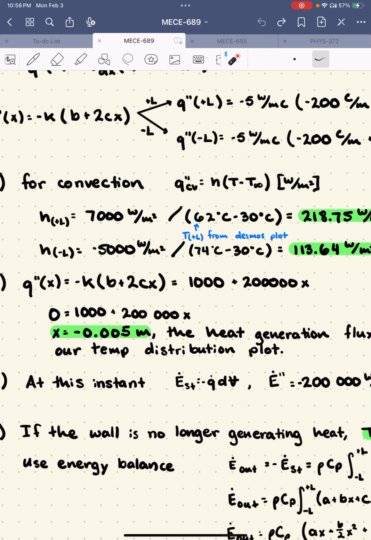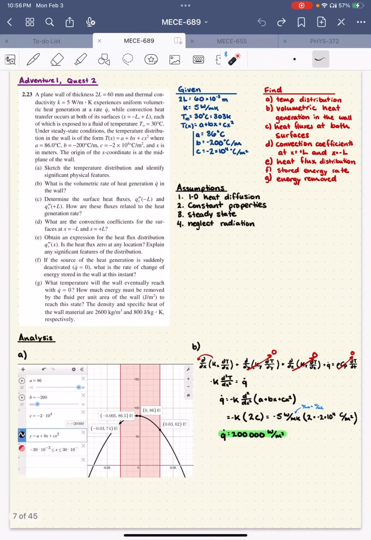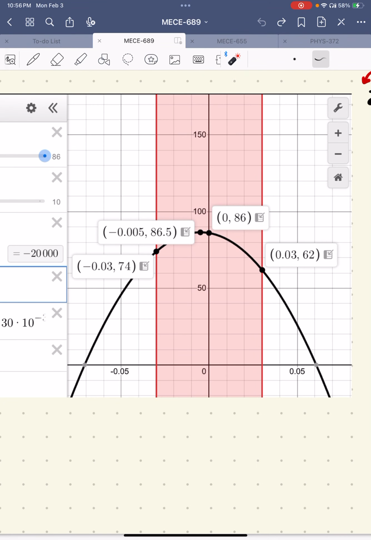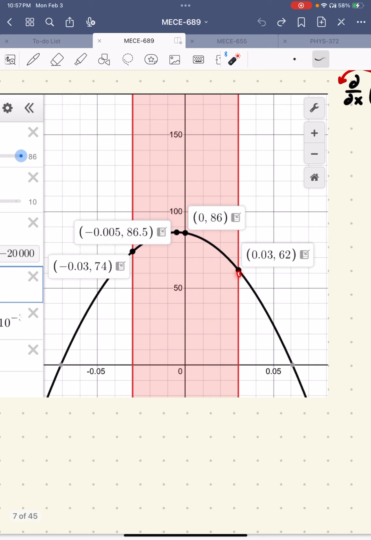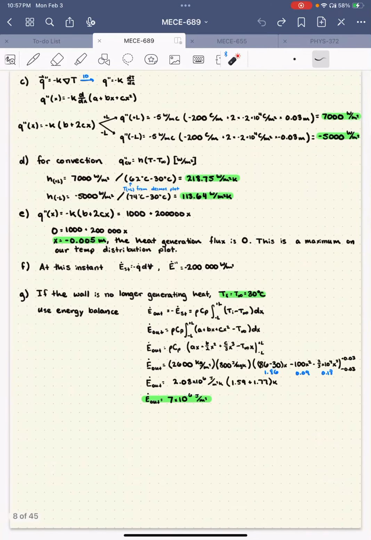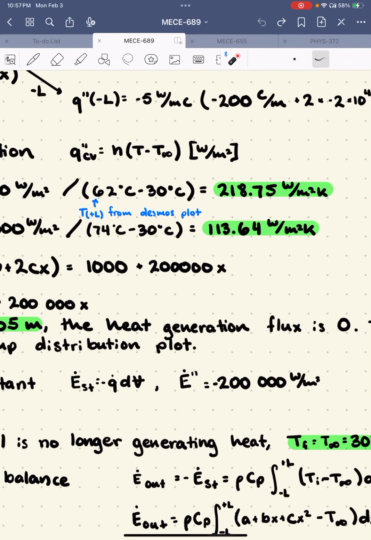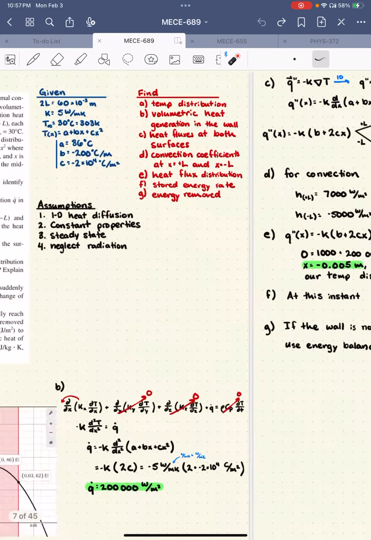We can get the temperature at these points given this Desmos plot that we have, where at this boundary condition, minus L, we know that the temperature is 74 C, and at plus L, we know the temperature is 62 C. So plugging these in, we get 218.75 watts per meter squared Kelvin for plus L, and 113.64 watts per meter squared Kelvin for minus L.